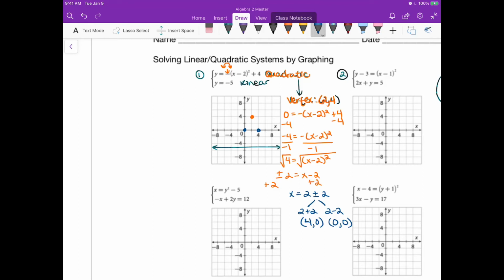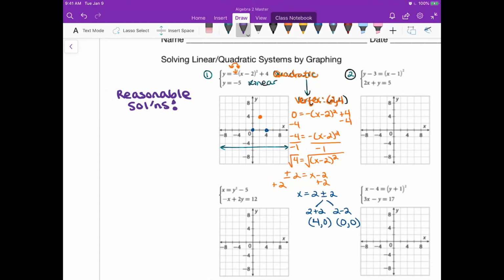But what we can tell reasonably, before we graph, is that our parabola will extend downward in this direction, so we know reasonably there will be two solutions, here and here.